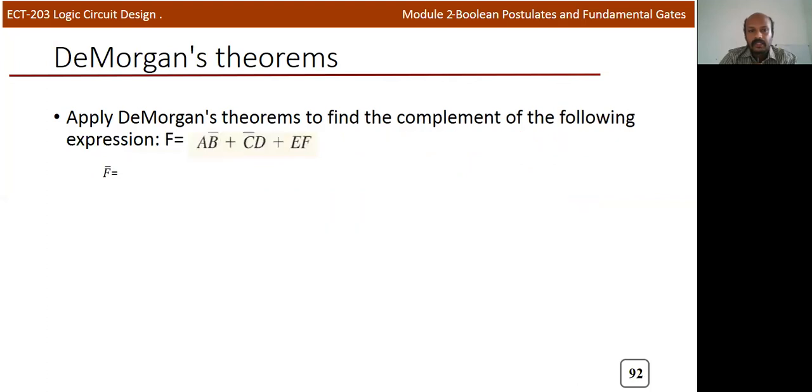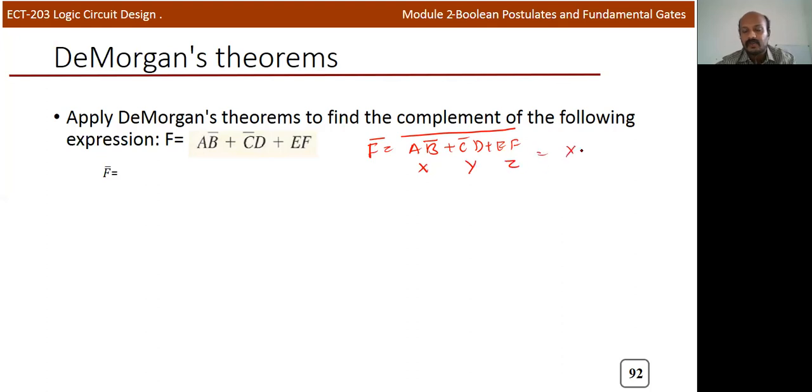Okay. Now we'll discuss one more question. Again, we need to use DeMorgan's theorem to find the complement of this particular expression. So we need to find f complement. So to find f complement, here it is a bar b bar plus c bar d plus e bar f the whole bar. Okay. So now we can consider three terms here: x, y, z.